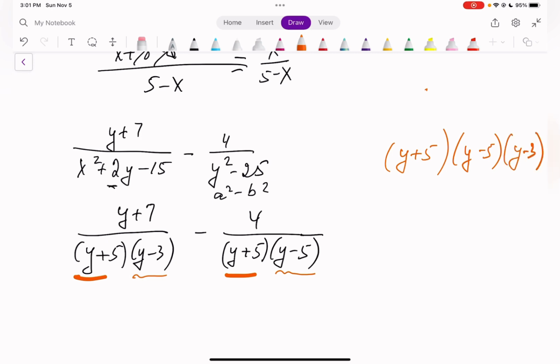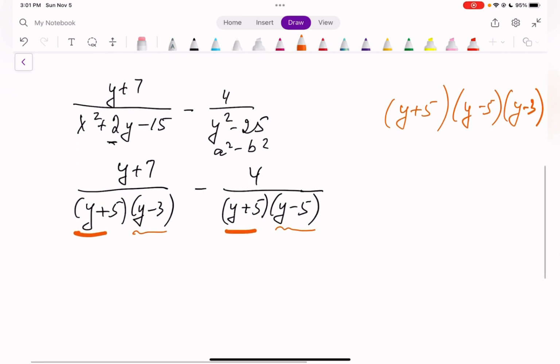Because it has to be common. Whatever the denominators have, we have to bring to the common denominator. When it's an identical denominator, like in this case y plus 5, we don't duplicate it twice, we just take it one time, so that's all.